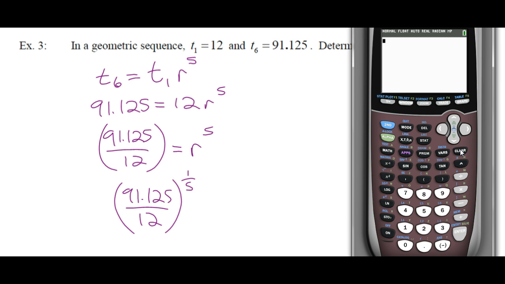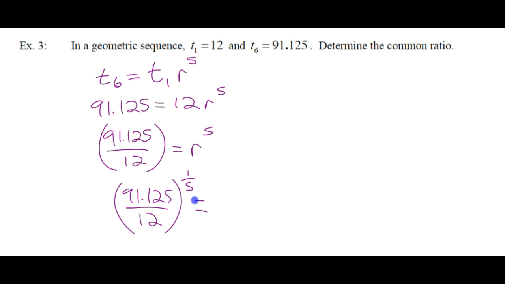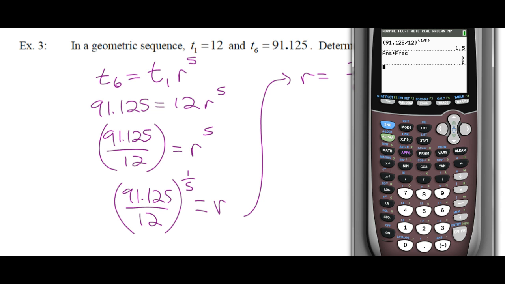So what do we got? 91.125 divided by 12 to the power of 1 divided by 5. 1.5. 3 halves, right? 3 over 2. So equals R. There's your common ratio.